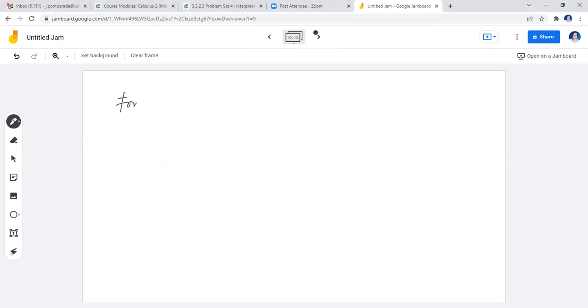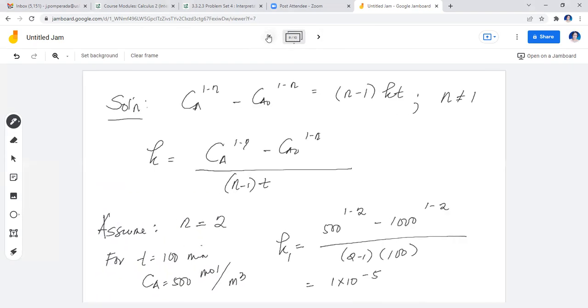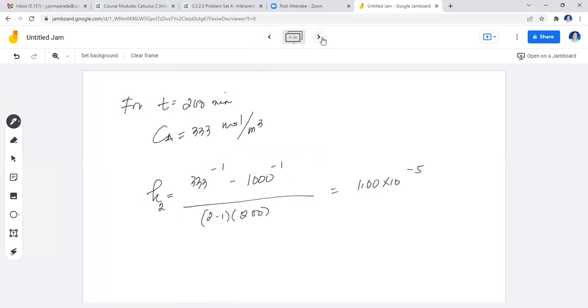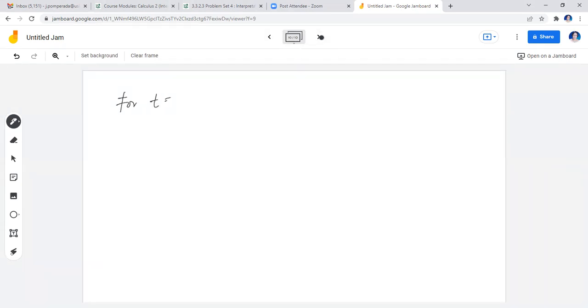For t equal to 300 and 250. 300 minutes and Ca, which is 250 mole per cubic meter.